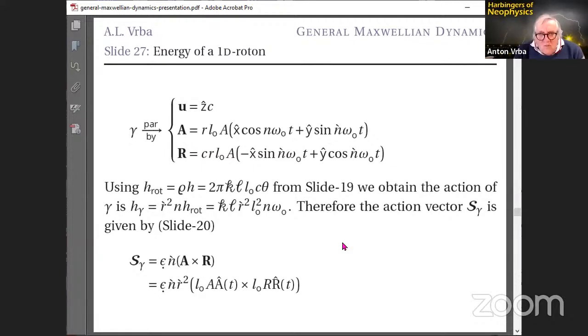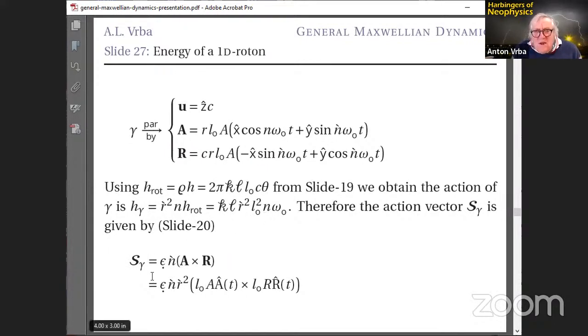Using the slide, we had this as the action, and why I'm repeating this is that the omega 0 is now n omega 0 here, which gives me the subtended angle, because it's faster.